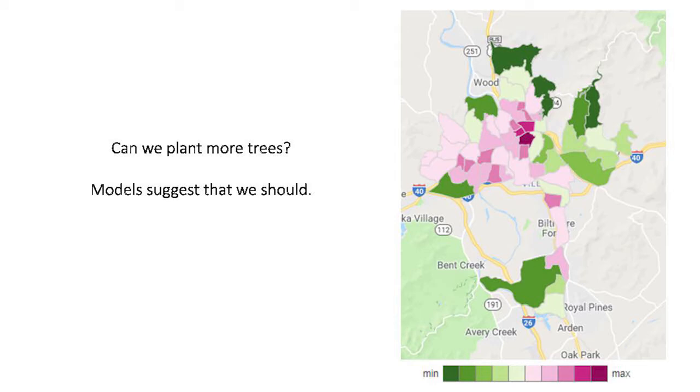Also, with the models that are available today through iTree, the modeling shows that there is available space to plant more trees. And the modeling shows that in your urban core areas and in your lower income areas, there is available space and a need to plant trees.